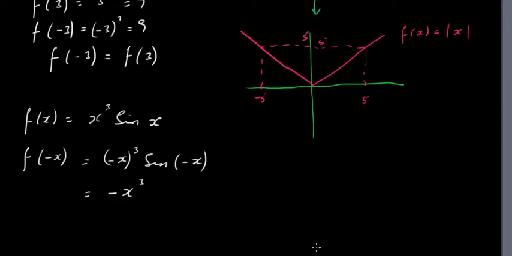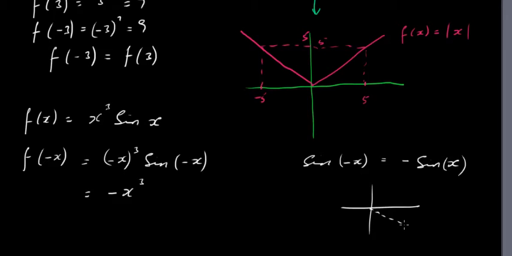Now the sine of minus x, the sine of a negative angle, is just going to be minus the sine of the positive angle. Because if this is our x and y axis, minus x will be down here, so this is our angle x here, and sine is negative in the fourth quadrant, so this is our reference angle here, so this would be x in the first quadrant.